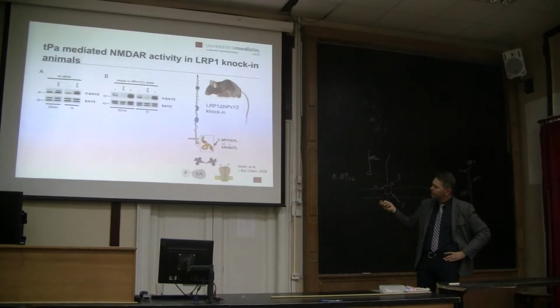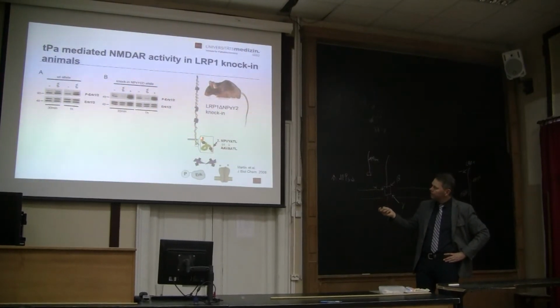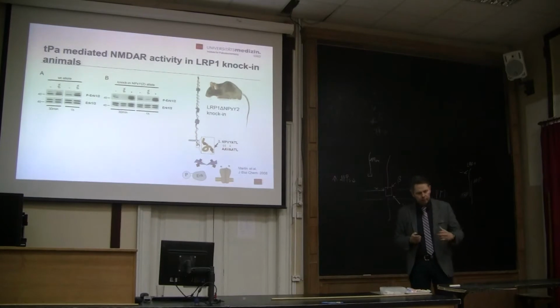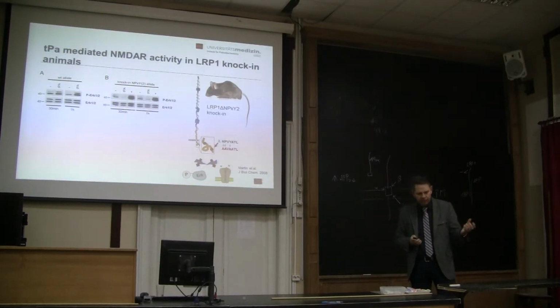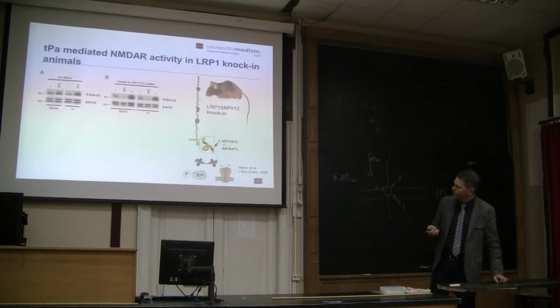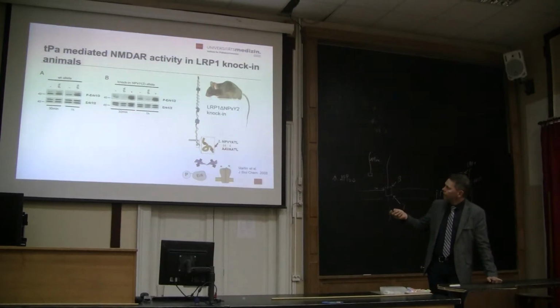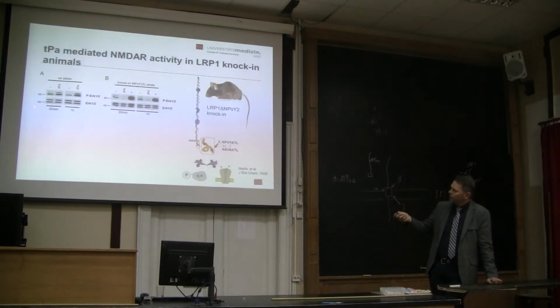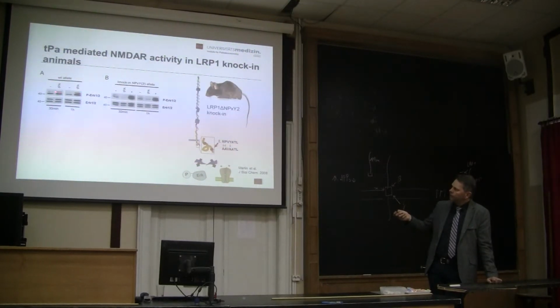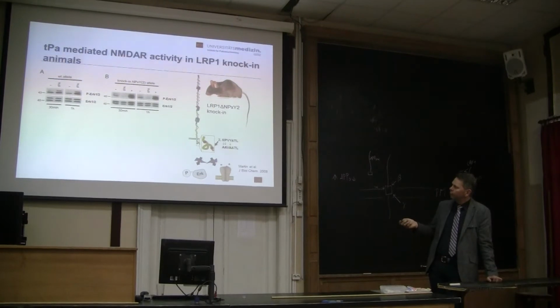And we just tested whether these mice had anything, or whether LRP with the knock-in here had any effect on the NMDA receptor. So on the left-hand side, you see the animals with the wild-type allele treated with TPA for 30 minutes or 1 hour, and you have nice activation of the ERK pathway.